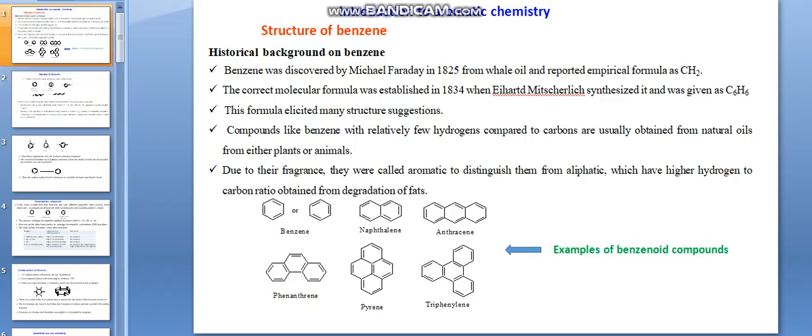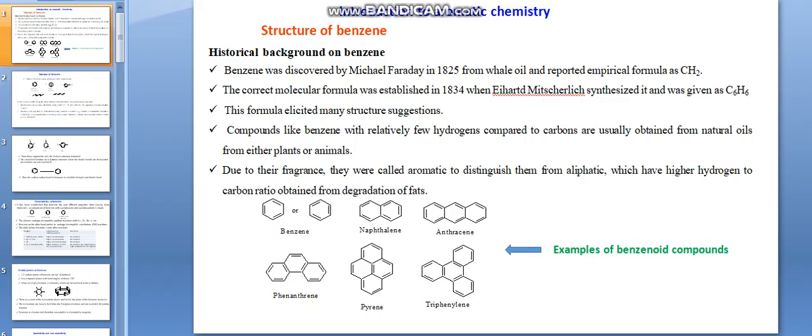When he extracted the whale oil, he realized that this oil had some organic compounds, with an empirical formula of CH, one hydrogen to one carbon.